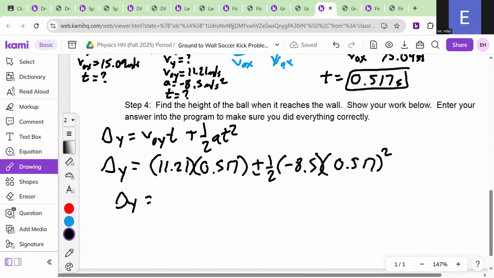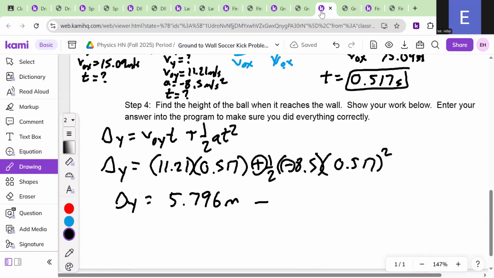All right, so what I'm going to do is break that down into two parts, and then I'll remember plus and negative, right? I'm subtracting those numbers, right? So 11.21 times 0.517, I'm looking at 5.796 meters. And then on the other side, 0.517 squared times 8.5 equals 2.27.